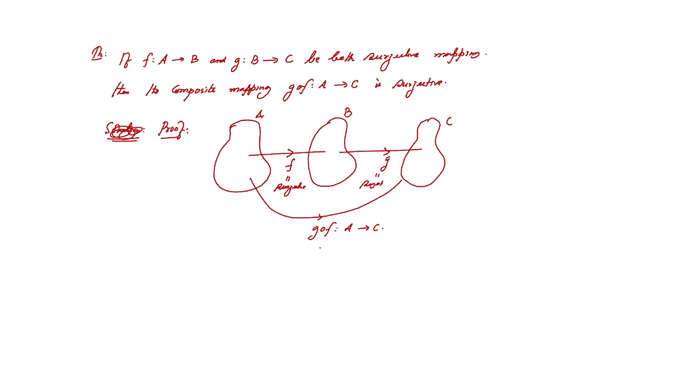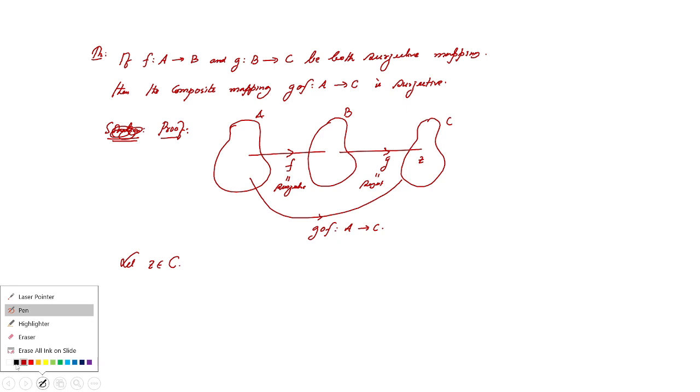So we will prove that every element in the codomain set C must have a pre-image in the domain set A under the map g composed f. So let z belong to C, an arbitrary element. We have to show that there exists a pre-image of z under g composed f.